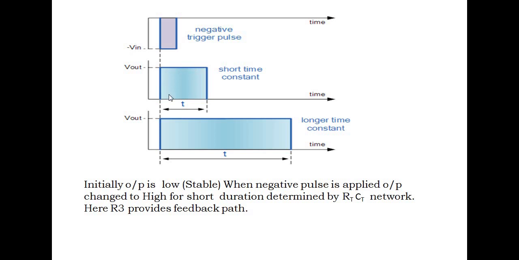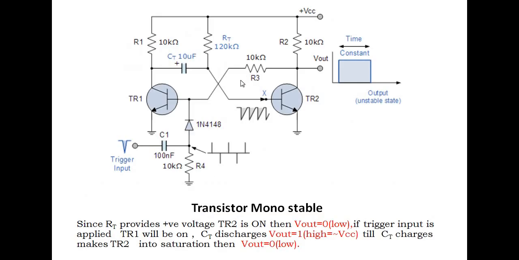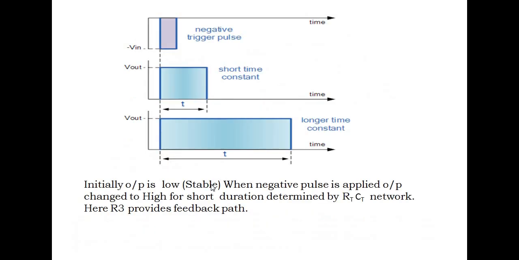The duration of this high pulse is determined by RT and CT. Here R3 provides the feedback path. Where is R3? Look at here. This is R3, the feedback path from the collector of TR2 to TR1.